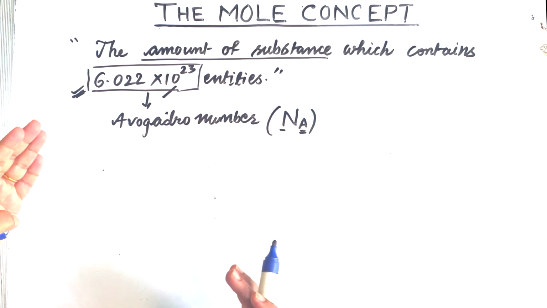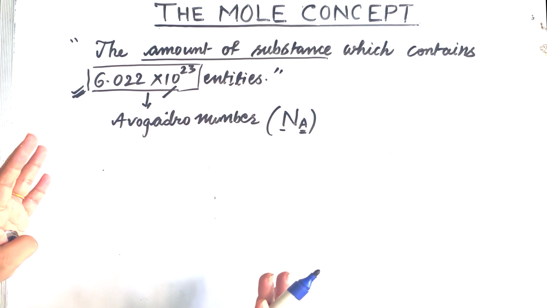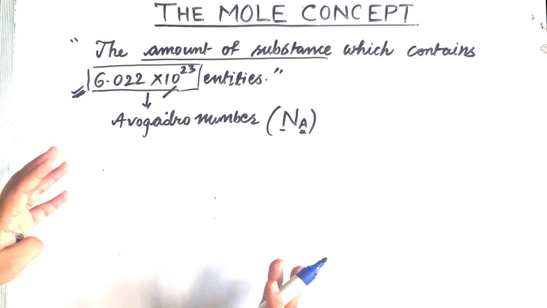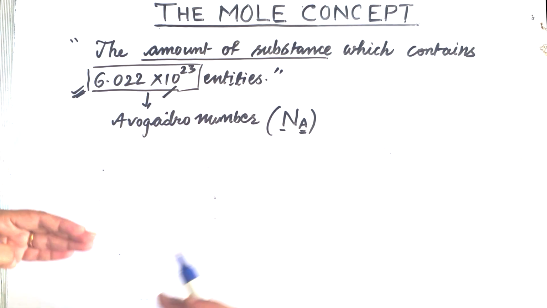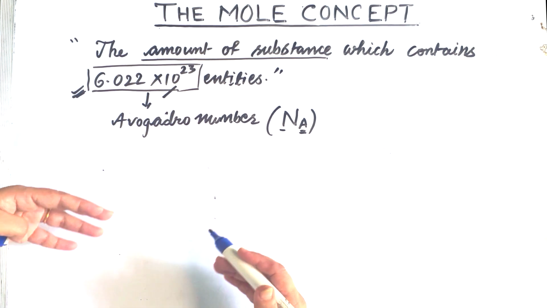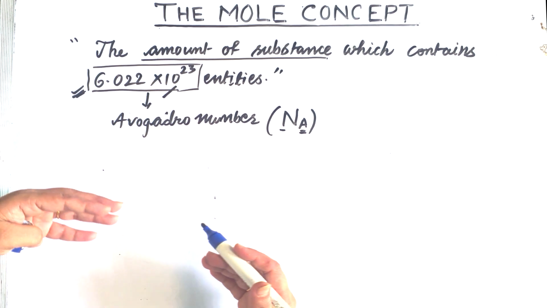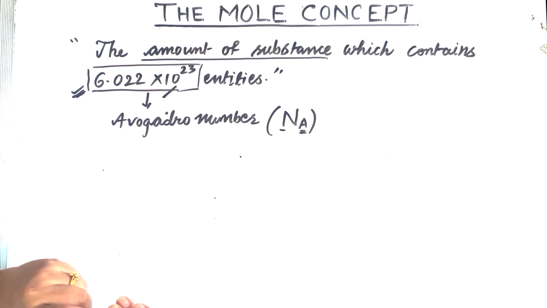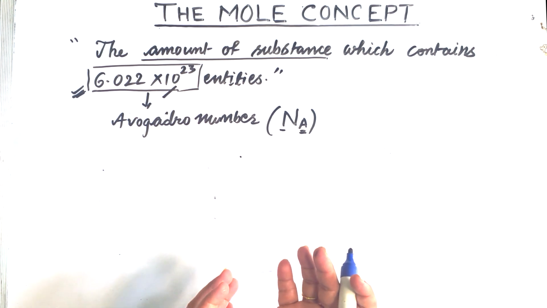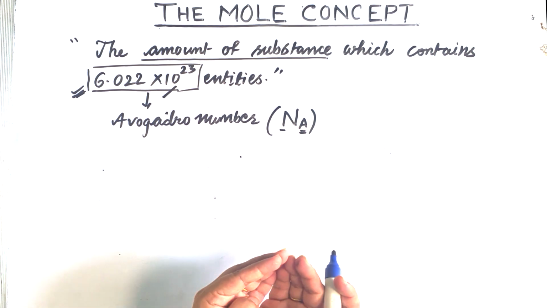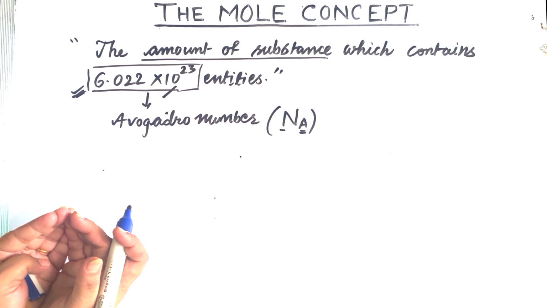This number is so large that if we start counting it, we will take lots of years, and if the entire population of a country starts counting this number, they will also not be capable of it. So this number is too huge, and that is why we need some relationship in which we can just take its mass, and we know that this mass of the substance contains this number of particles.